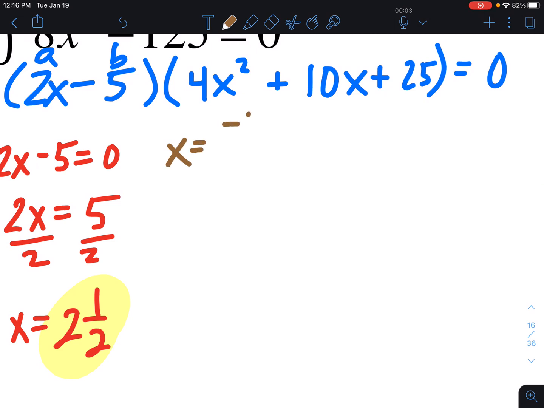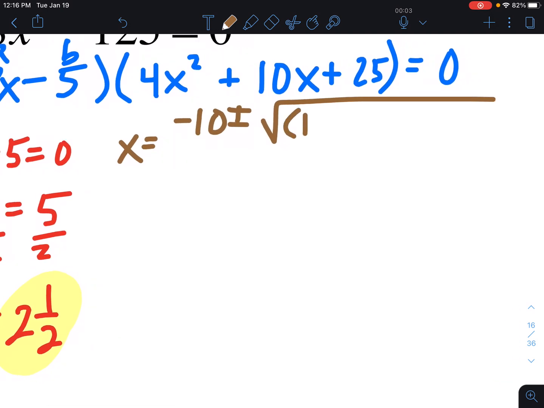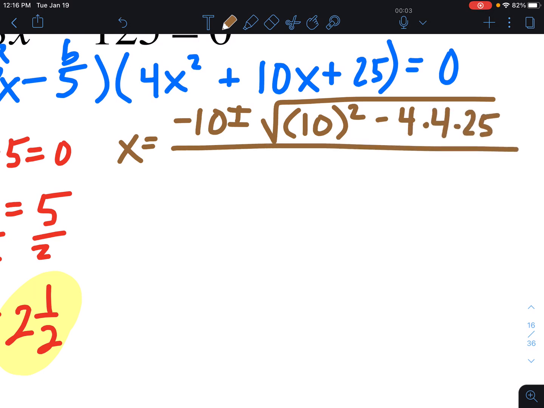So negative b plus or minus the square root of b squared minus 4 times a times c, divided by 2 times a. Let's do our multiplying. 1, 2, 3.